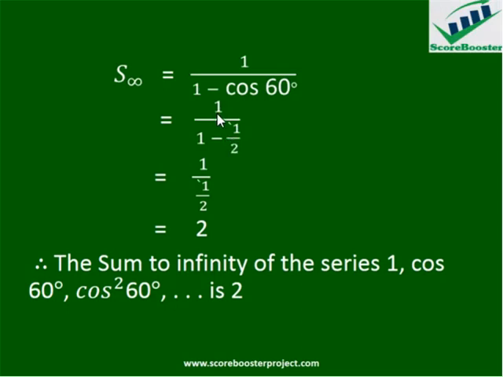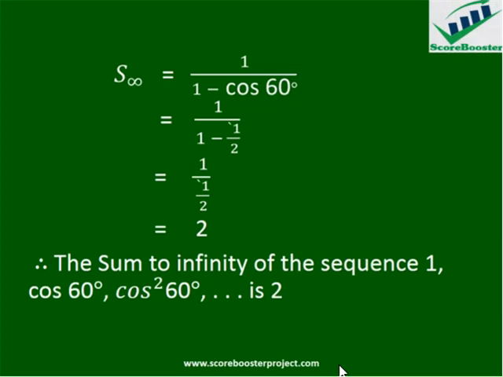So we have 1 divided by 1 minus 1/2, and 1 minus 1/2 we give half. 1 divided by half is equals to 1 multiplied by 2/1, and 1 multiplied by 2 we give 2. Therefore, the sum to infinity of the sequence 1, cos 60 degree, cos square 60 degree, and so on is 2. And that solves the seventh question.